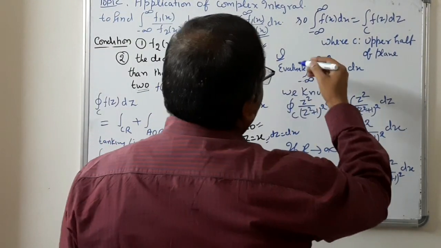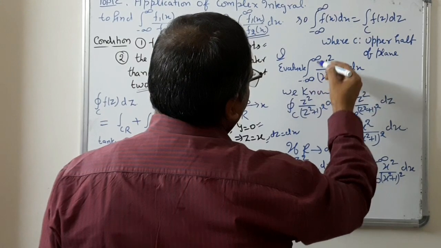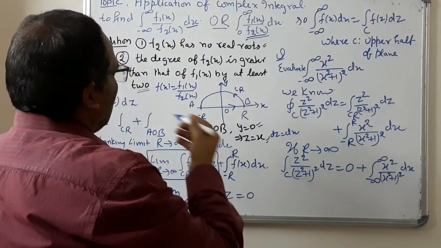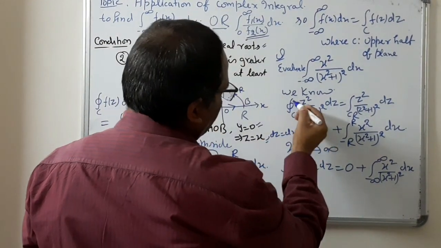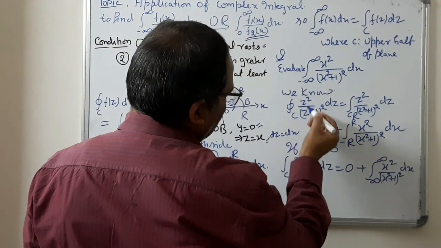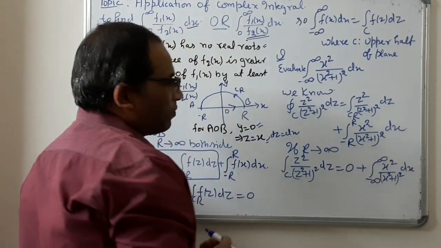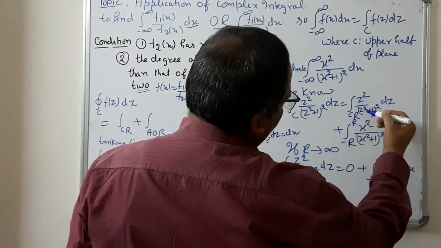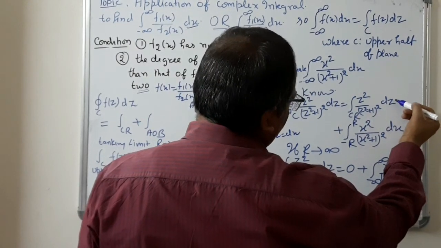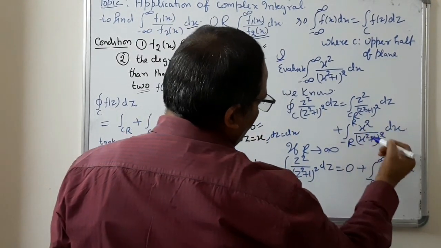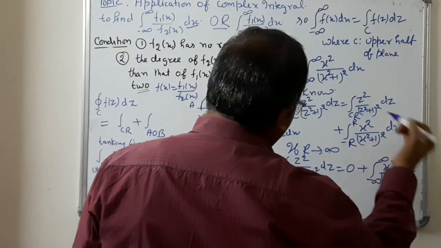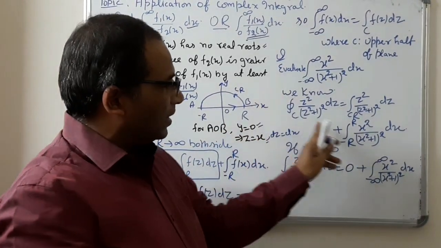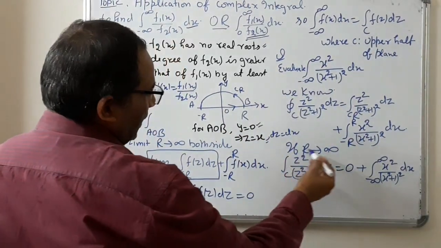Let us take one example. Evaluate the integral from minus infinity to infinity of x squared upon (x squared plus 1) whole squared dx. As we studied earlier, we can write the integral on C of z squared upon (z squared plus 1) whole squared dz as the integral on C_R of z squared upon (z squared plus 1) whole squared dz, plus the integral from minus r to r of x squared upon (x squared plus 1) whole squared dx. When r tends to infinity, the C_R part always tends to 0.